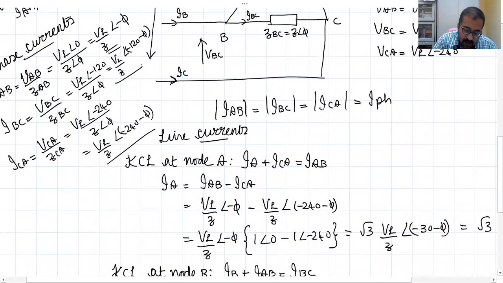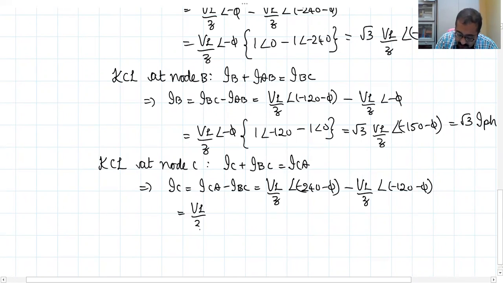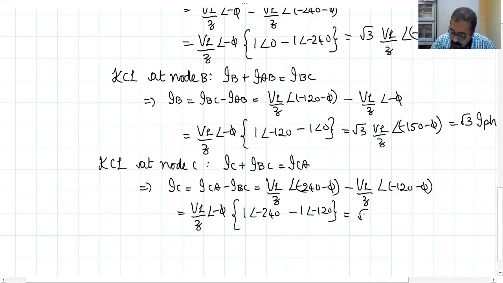IBC we already found, VL by Z angle minus 120 minus φ. Okay, so we will take VL by Z angle minus φ common. So what do you get? 1 angle minus 240 minus 1 angle minus 120. Okay, so this turns out to be root 3 VL by Z angle 90 minus φ. Okay, and this is nothing but root 3 IPH angle 90 minus φ.